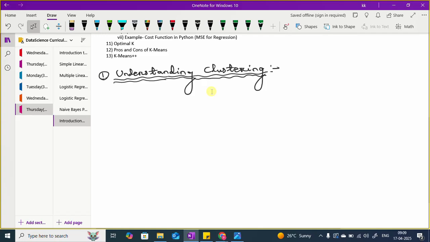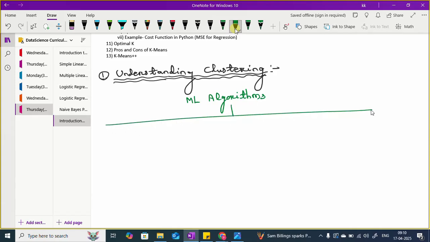Okay. So, what is clustering? Guys, try to understand where it stands exactly. Let me write down the machine learning algorithm hierarchy. So this is the entire machine learning universe. As you know, we have divided it mainly into 2 parts.